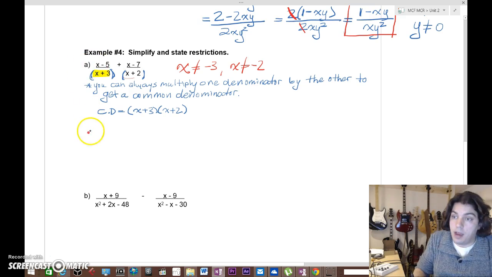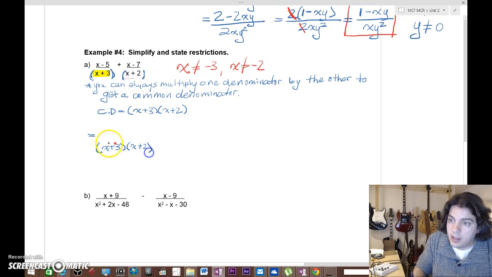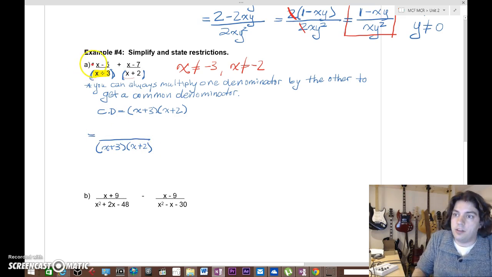Now, with that in mind, let's rewrite this line. Well, we want the common denominator to be x plus 3 times x plus 2. To make that the denominator, we had to multiply this term, top and bottom, by, well, it's already got an x plus 3, so we need to add in an x plus 2.